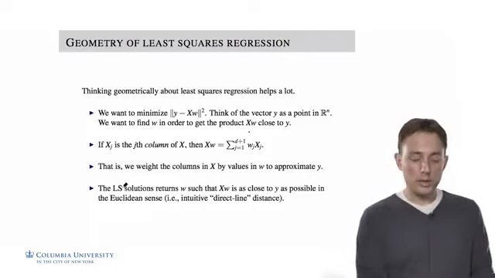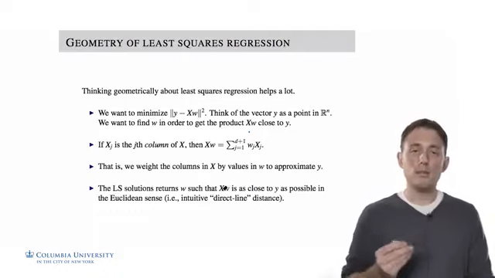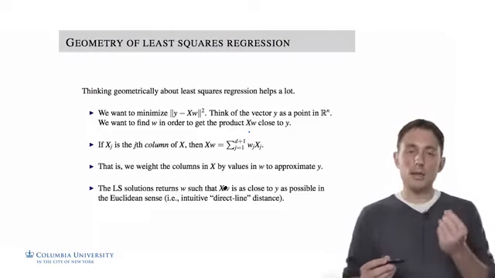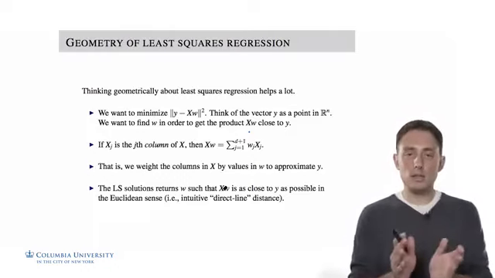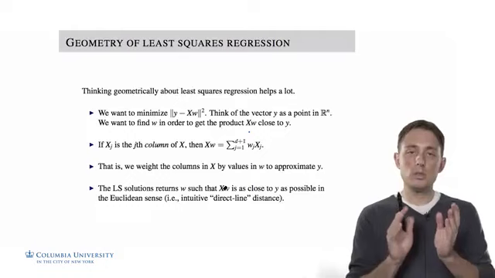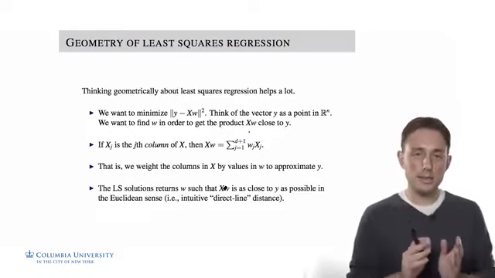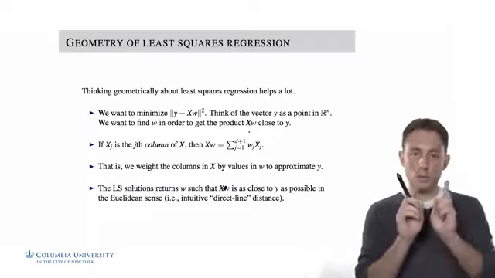So what least squares is doing is it's basically saying the best vector w is the one that gets the sum of these vectors as close to y as possible according to the Euclidean distance, which is the intuitive direct line.